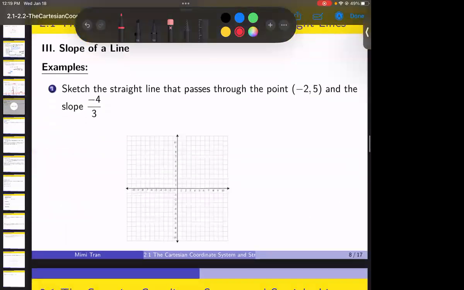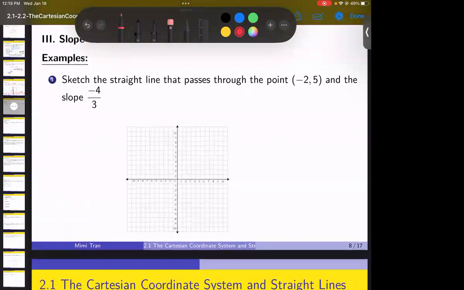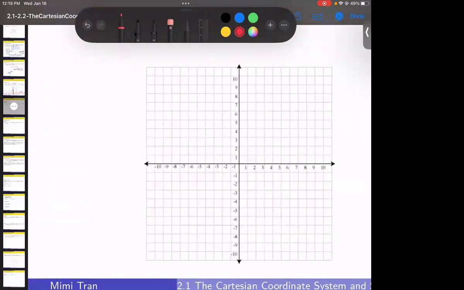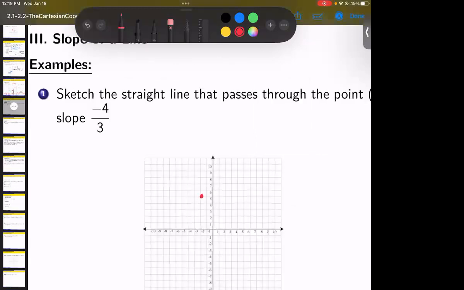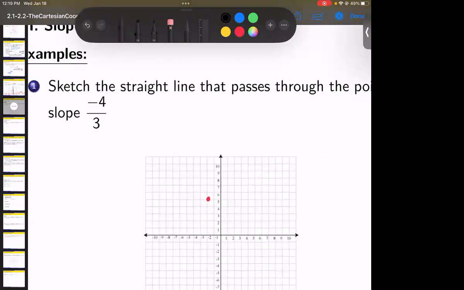All right. First things first, I'm going to plot the point (-2, 5), right here. The slope is negative 4/3. What do I do with the slope?